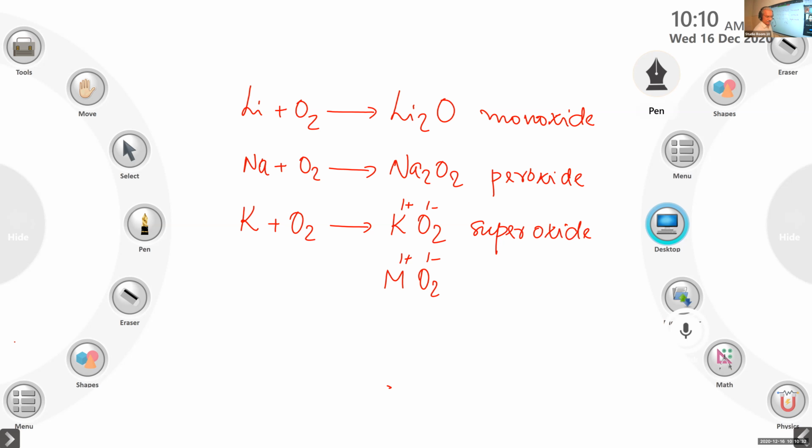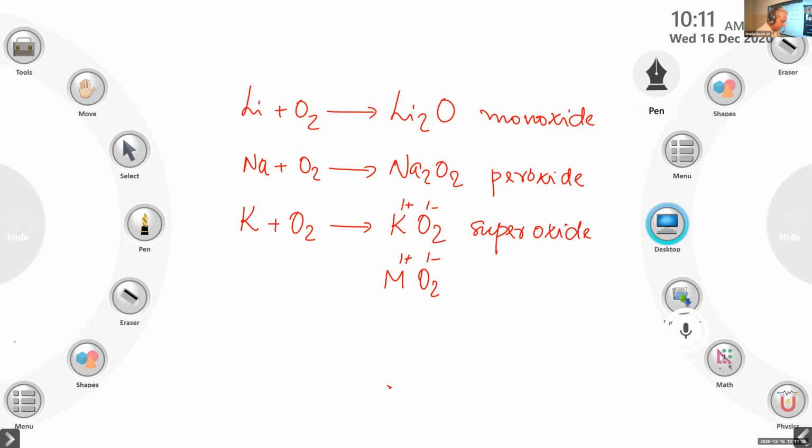I asked you to make the correction on page number 6, point number 18. Superoxide O2 minus 1 is paramagnetic because of one unpaired electron in the pi star 2p molecular orbital.